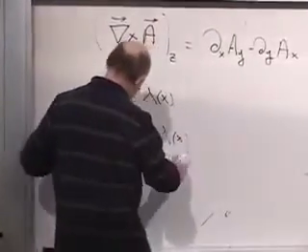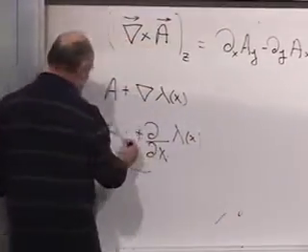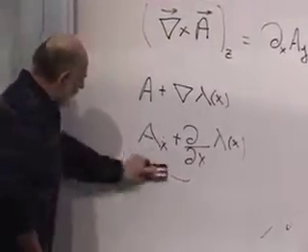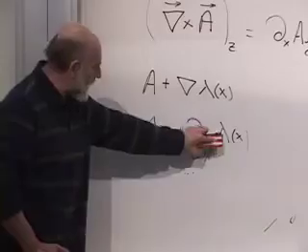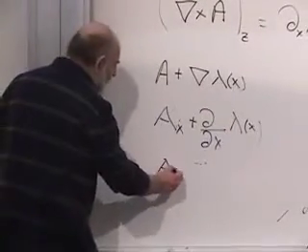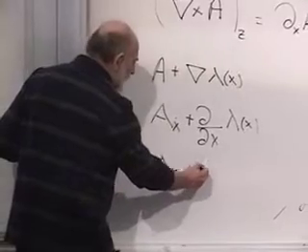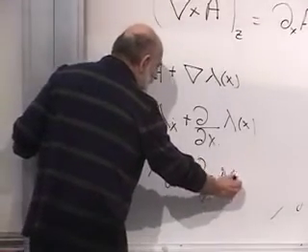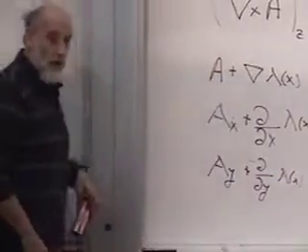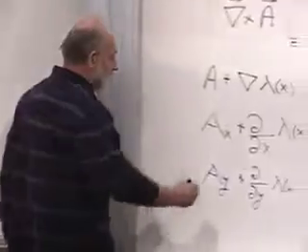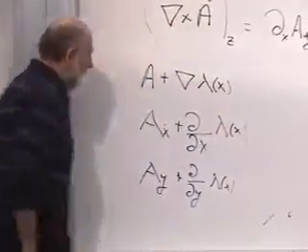For example, let's take the x and y components. A_x will now have the new term d by dx of lambda, and A_y will now have the new term d by dy of lambda. Lambda of x means lambda of x and y in general.